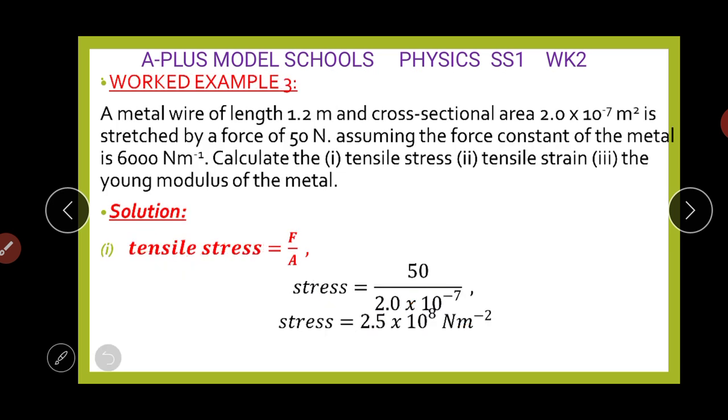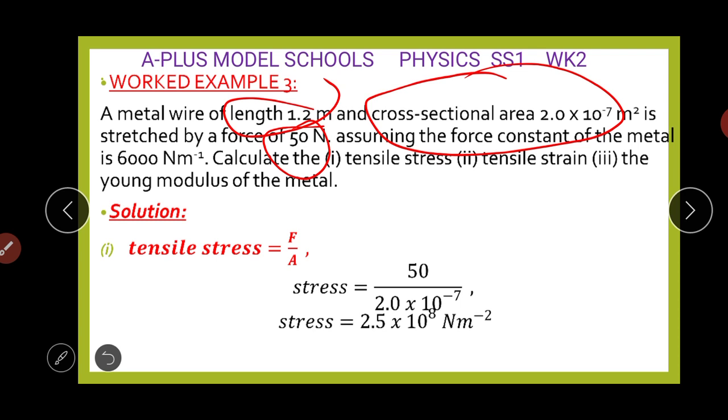A wire of length 1.2 and cross-sectional area of 2.0 times 10 to the power minus 7 is stretched by a force. You can see that's a force F, and they gave us the cross-sectional area, that is A, and this is the length, that is L naught, the original length. We are to find the tensile stress.